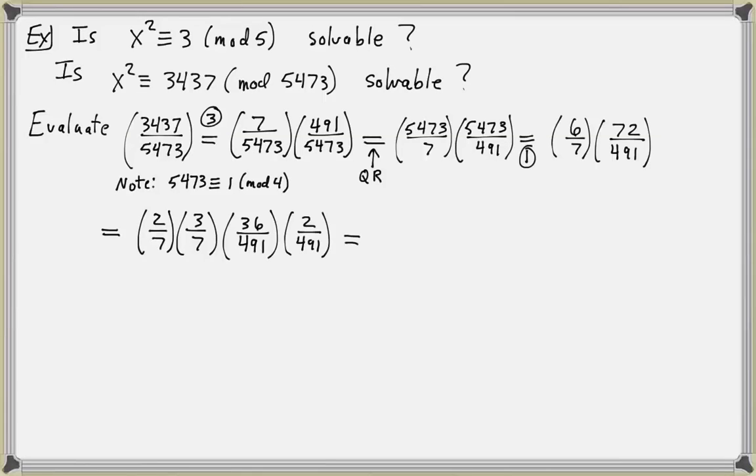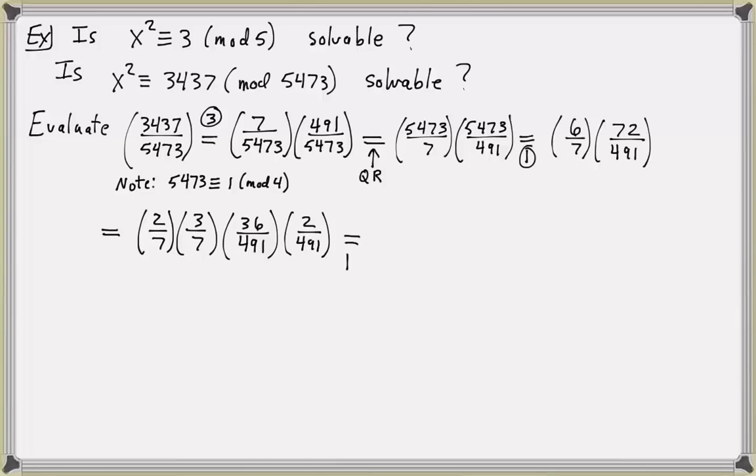So we know that 36 over 491 is going to be 1, and 2 over 7 is going to be equal to 1, because 7 is negative 1 mod 8.